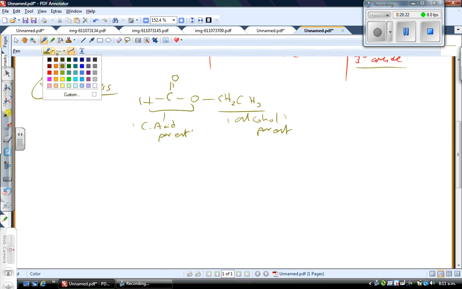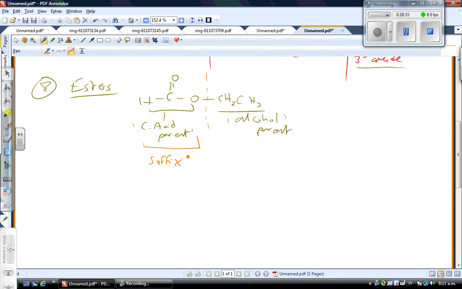The other thing when naming esters is I want you guys to always identify where the ester group ends with a little line like that, because that there is going to be the suffix for the compound. So it's very important that you can identify the suffix for the compound, because then all the rest of the stuff is considered just a side group. So with that in mind now, hopefully you can name this ester quite easily.